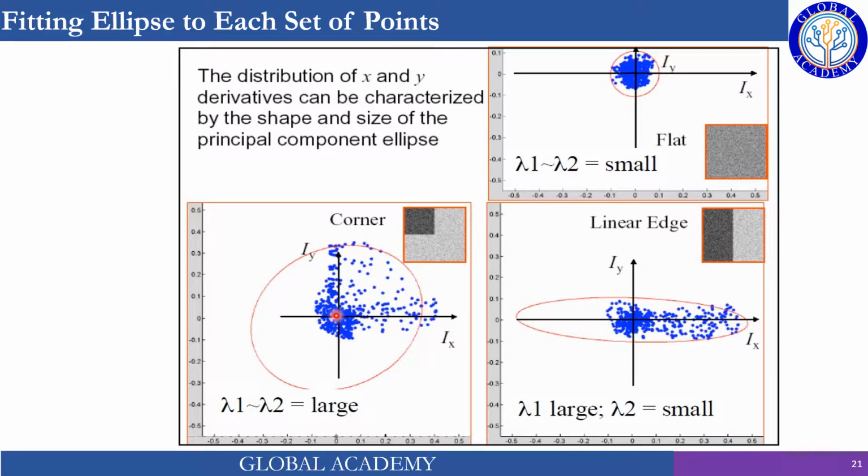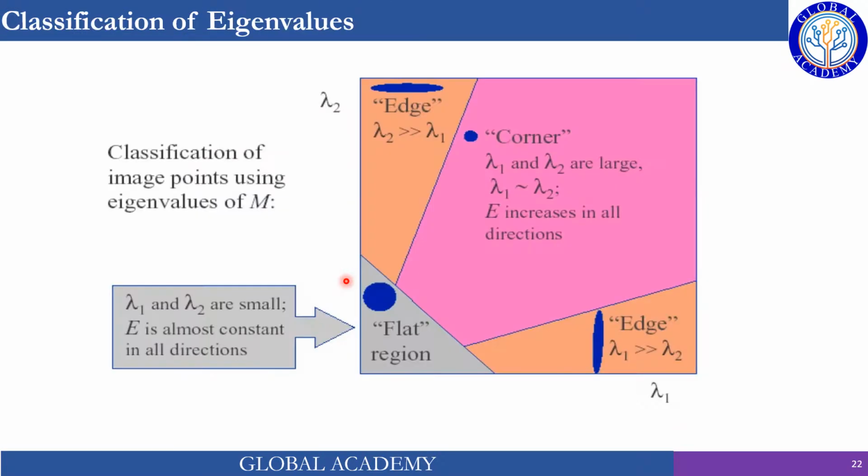I mean, compute the derivative along the x-axis, compute the derivative along the y-axis, compute M, then compute the eigenvalues. If both the eigenvalues are large, then that represents that the point under consideration is a corner.